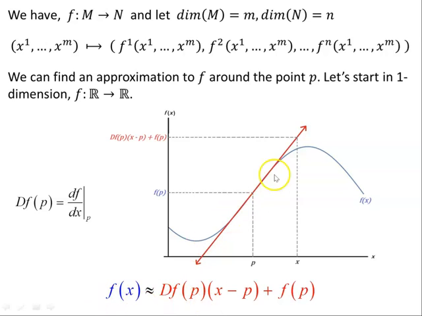And that means that at that point, we can approximate this f of x. F of x is approximately, around this point for values close to P either side of it, df of P, which is the derivative of f evaluated at P, which is our m, the gradient, times x minus P, plus this bit on the end here, f of P, the point at which we've centered it.